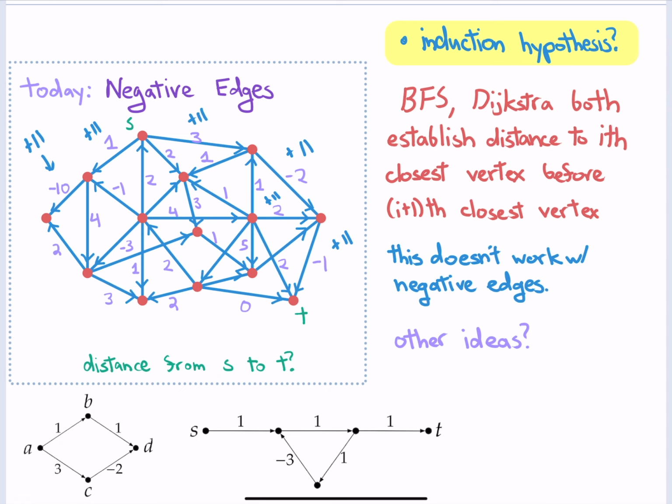All right, so let me present a different kind of related problem, but a little bit more conservative.